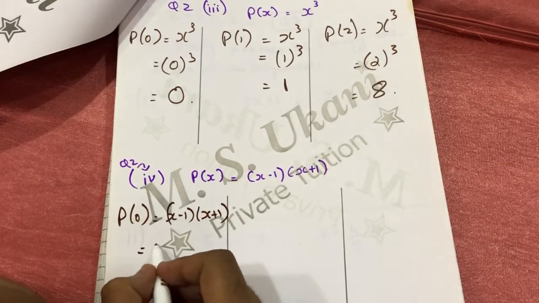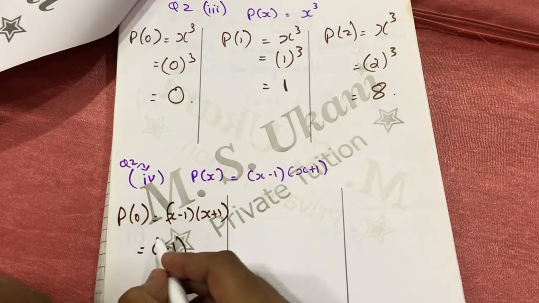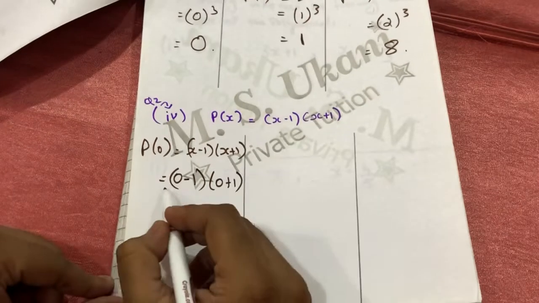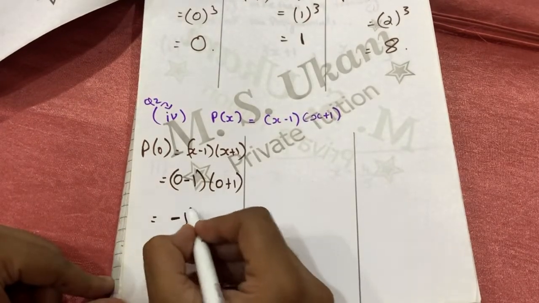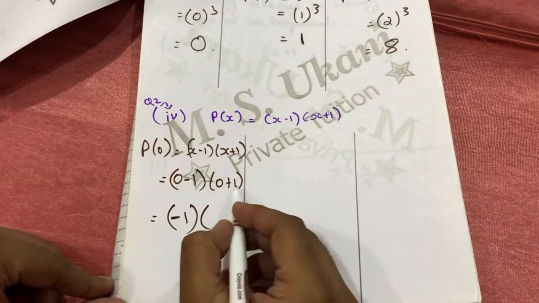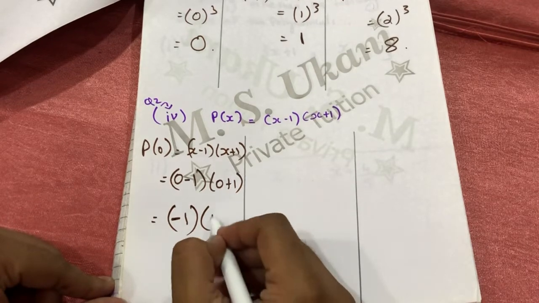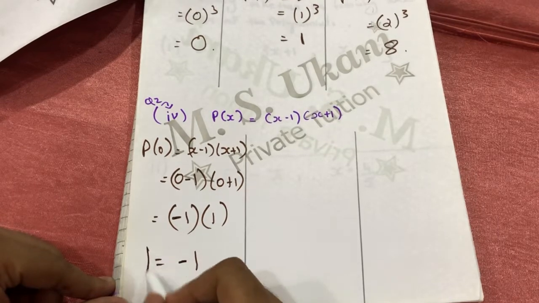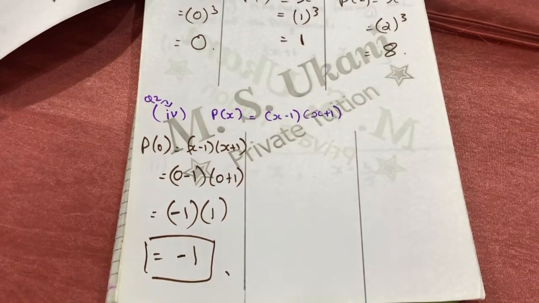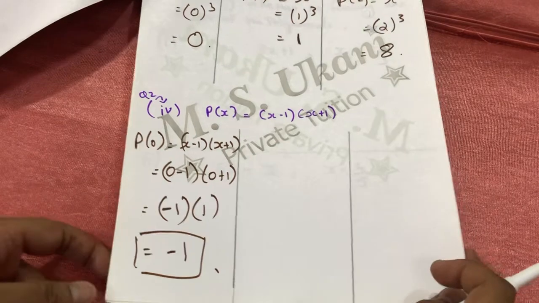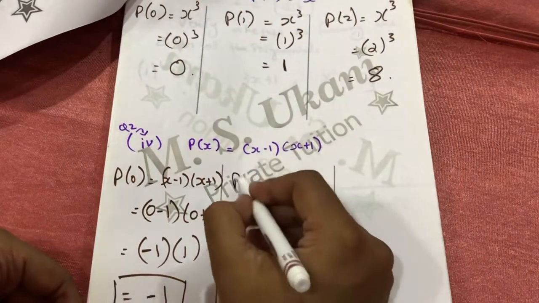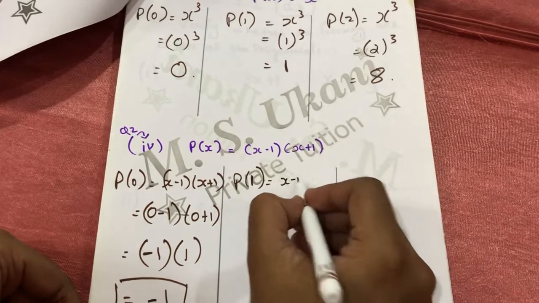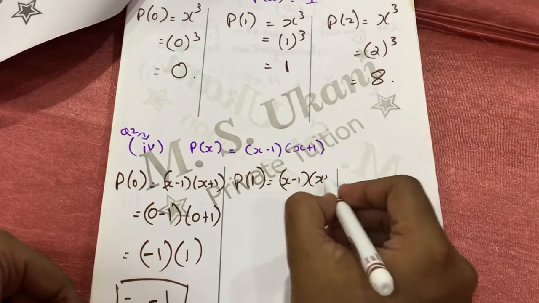So (0 minus 1) in one bracket and (0 plus 1). 0 minus 1 will be minus 1 multiplied by 0 plus 1 will be 1, and 1 ones are 1, with the minus sign there. Now second, we are putting 1 in this equation, (x minus 1) multiplied by (x plus 1).